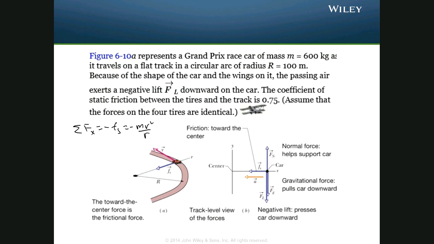So we want to continue writing this equation. Yeah, the r is the radius of the circle. It's not clear here because we're just looking at a circular section, so I'll make a circle.